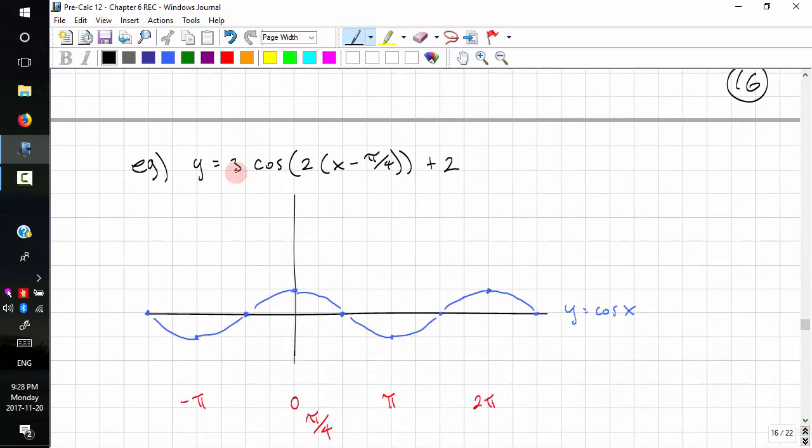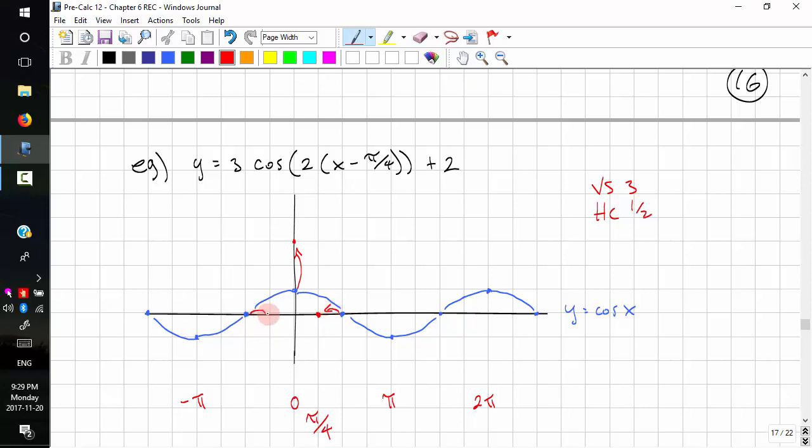Okay, so we need a vertical scale and a horizontal compress. So vertical scale of 3, horizontal compress of 1/2. So that goes to 3. This stays at 0, but we're compressing horizontally. So I'll just draw arrows of what we're doing here.